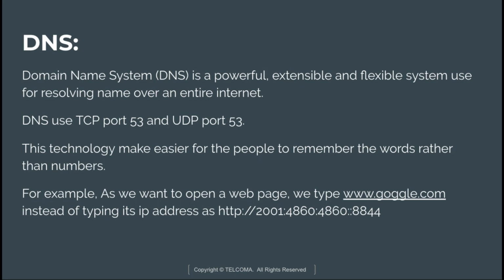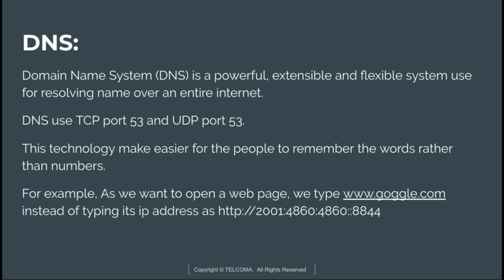This technology makes it easier for the people to remember words rather than numbers, as it is very difficult to remember the IP address for each website. So these DNS servers make it easier for the people to remember only the URL of a particular website.